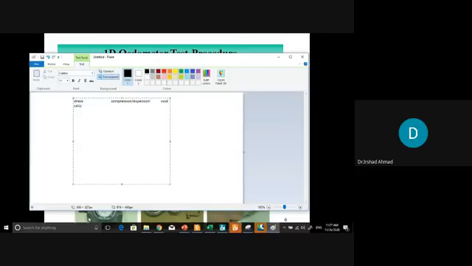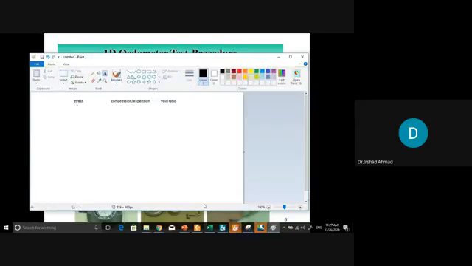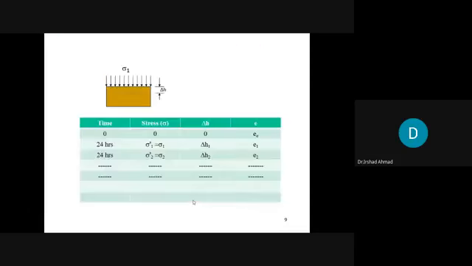That's the good 24 or 48 hours also. Okay, here you go. So what you do, you apply some stress on the top of the soil specimen.